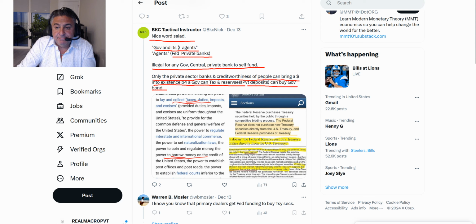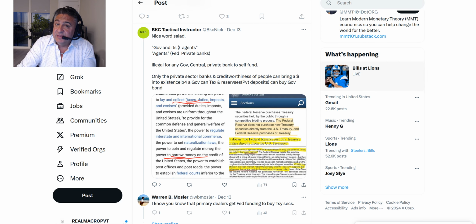Okay? That's objectively true. It's self-evident, right? Because the government, the Fed, private banks cannot create money and self-fund, and they cannot just issue money out to anybody. You got to be creditworthy.